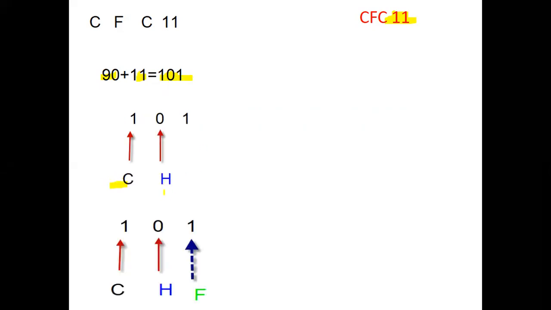So it is 11. There's a rule of thumb: we have to add this 11 to 90, and then we get 101. The first digit in 101 refers to the number of carbon atoms, the second digit refers to the number of hydrogen atoms, and the third digit refers to the number of fluorine atoms. So for CFC-11 there is one carbon atom, no hydrogen atoms, and one fluorine atom.